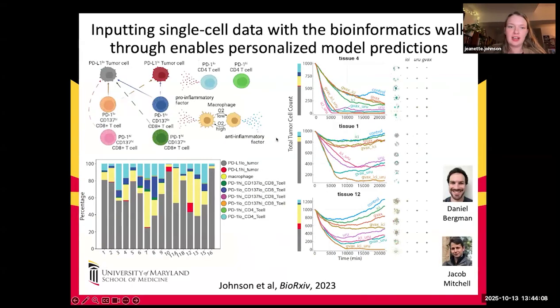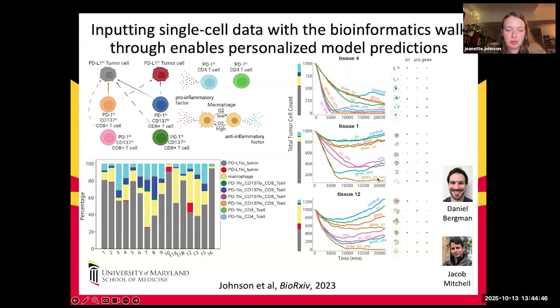So the idea with this system is that you can run each therapy condition for each tissue, and then you're able to get a prediction of how the model thinks each tissue will respond to each therapy under our phenotype classification and behavior rule assumptions. So the most effective therapy, and whether any therapy was effective at all, varied greatly by patient.